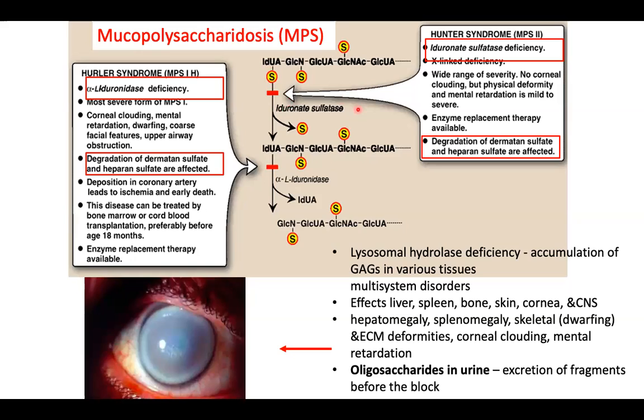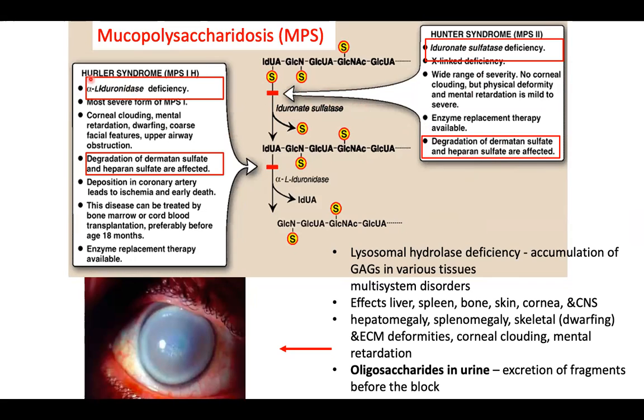That's why it says over here that in Hunter syndrome, specifically dermatan sulfate and heparin sulfate are going to be affected, because this specific enzyme, iduronate sulfatase, specifically acts on dermatan sulfate and heparin sulfate. So that's one example of a lysosomal storage disease.